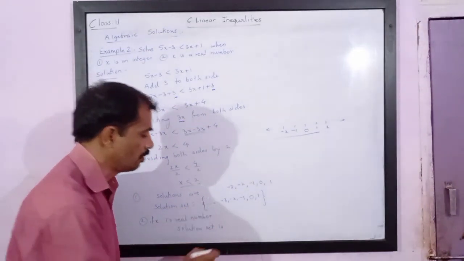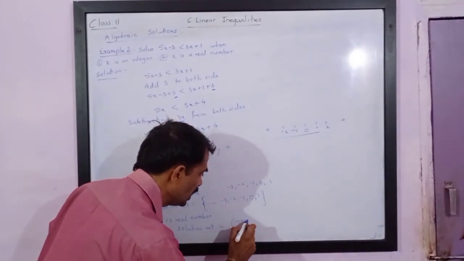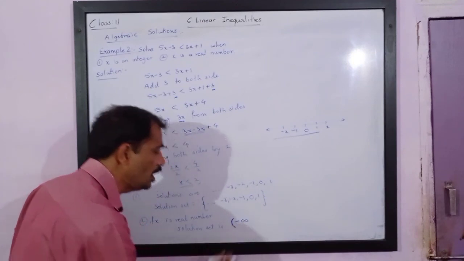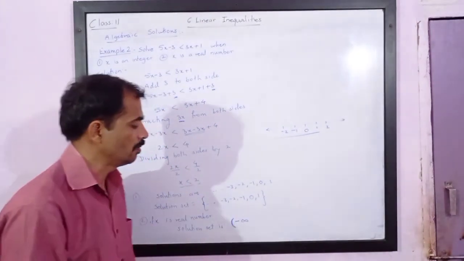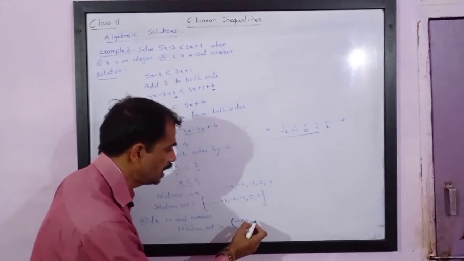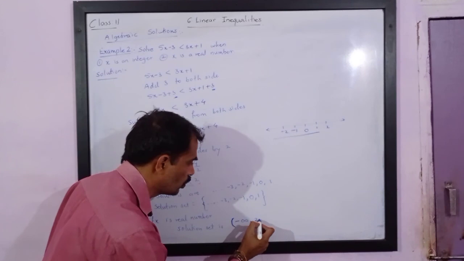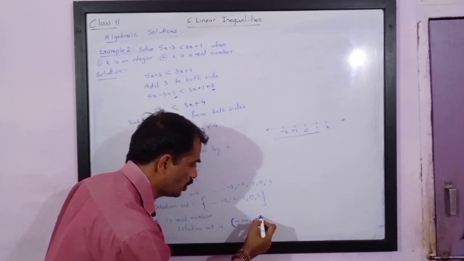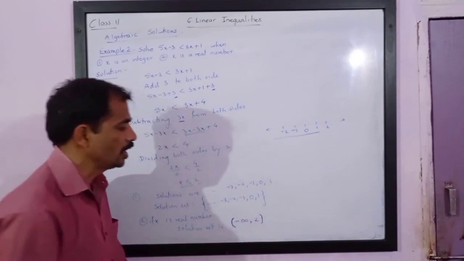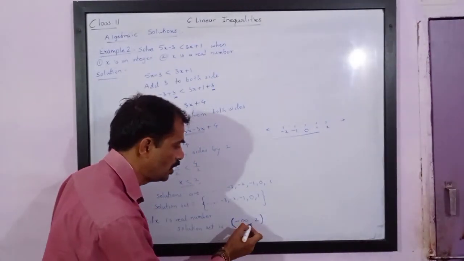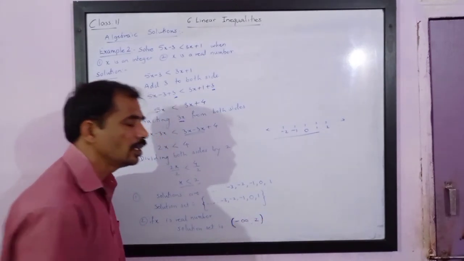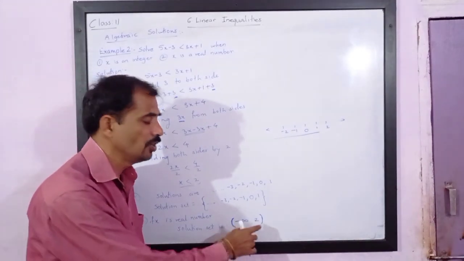We cannot take an undefined number. Negative infinity is an undefined number, and hence by making a round bracket we are excluding the undefined number. We want it to be a defined number, so the round bracket comes. This is an open bracket. And it is strictly less than 2. We don't know what the numbers are which are strictly less than 2, so we are making an open bracket, that is, 2 is not included, but it does have all the values between negative infinity and 2. They must be defined values.